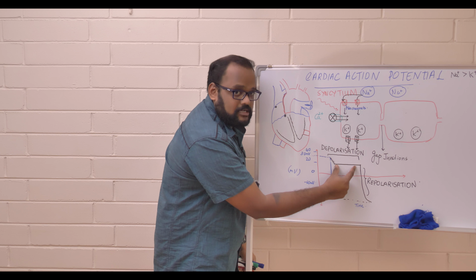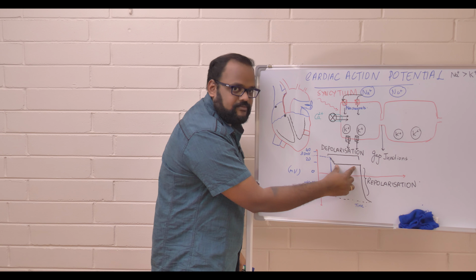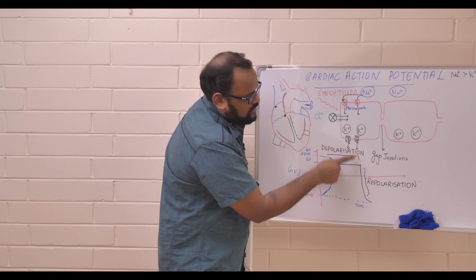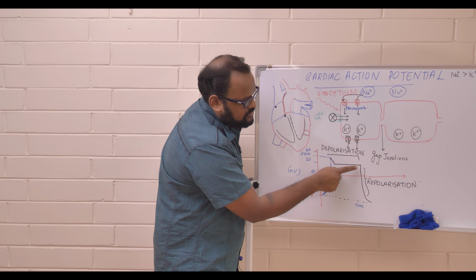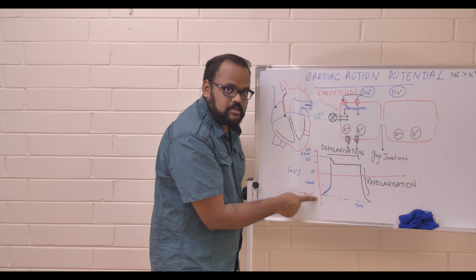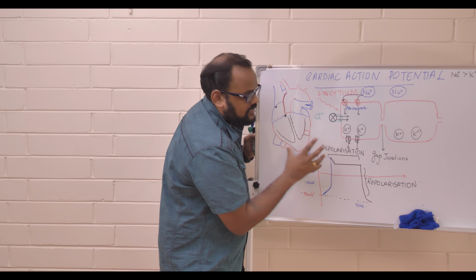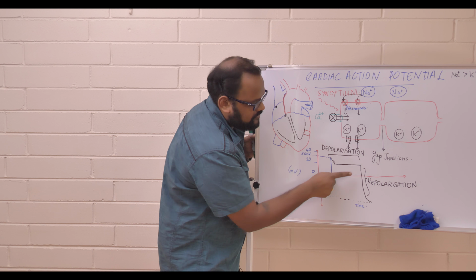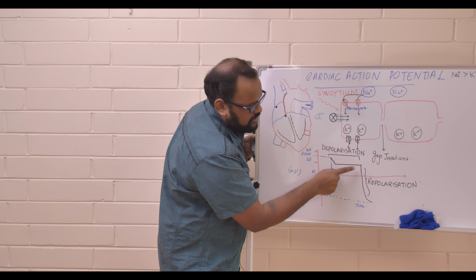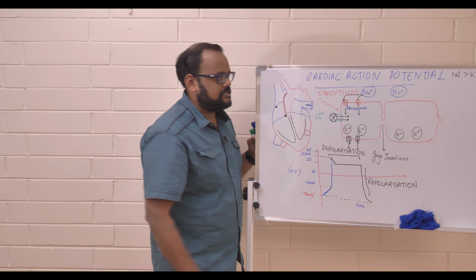It will go into a plateau phase, or a plateau polarity phase, and after some time the calcium channels close, and then the potassium leaking continues until your cell reaches minus 90 millivolts. At this stage where calcium is coming in, we call it the depolarization phase, and at this stage where you lose your potassium to gain electronegativity, we call it repolarization.